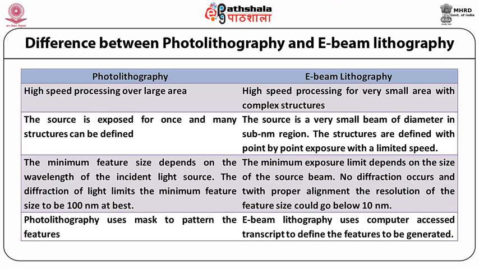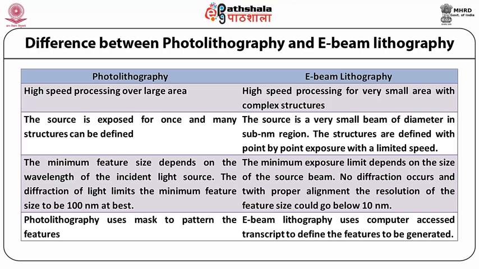In photolithography, the minimum feature size depends on the wavelength of the incident light source. The diffraction of light limits the minimum feature size to around 100 nanometer at best.